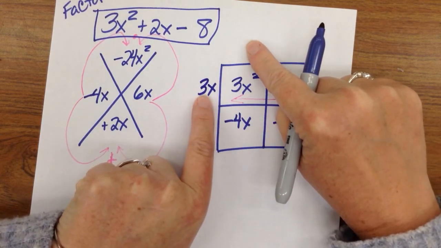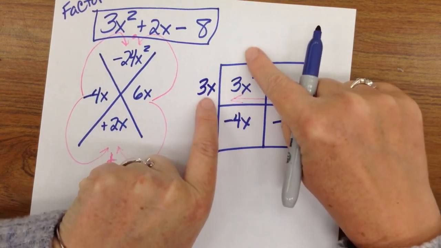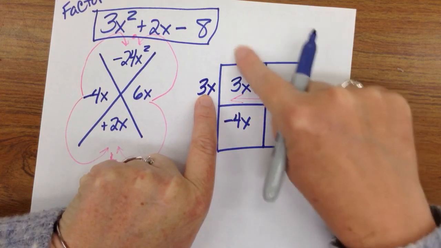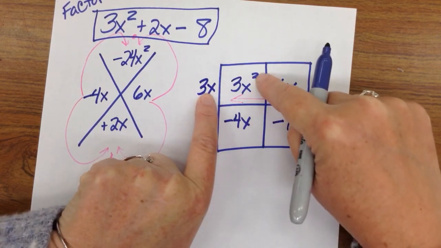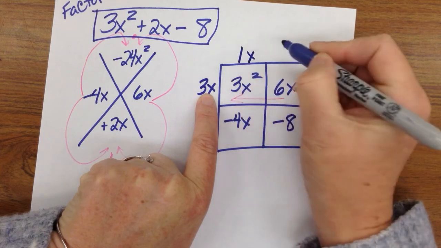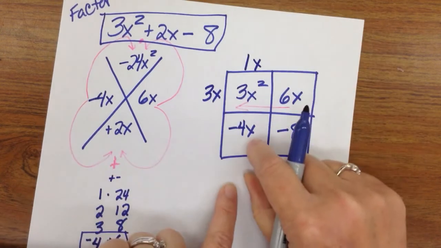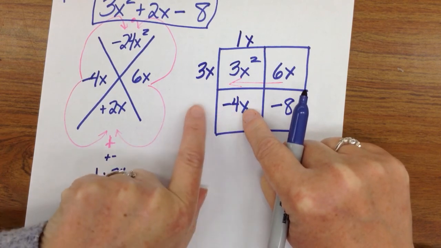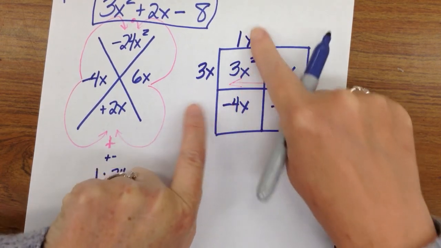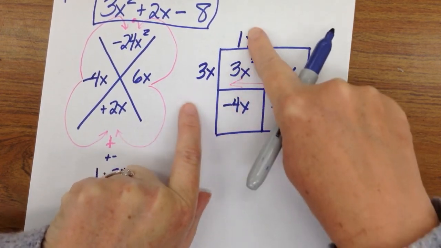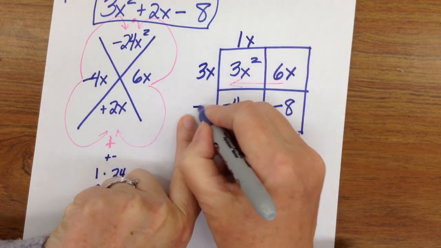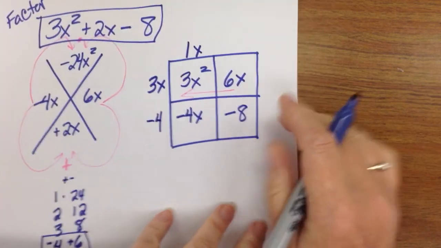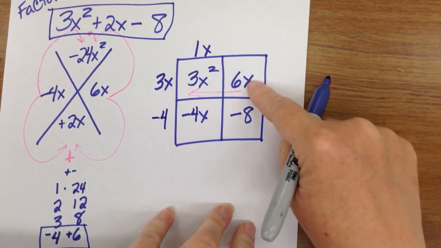These outside things need to multiply to make the inside. So I'm asking myself, what times 3x makes 3x squared? That would be a 1x. All right. Now, look at another box. Doesn't matter which one. I'll pick this one. What times 1x would make negative 4x? Negative 4. Oh, okay. Pick another box. Doesn't matter. I'll pick this one.